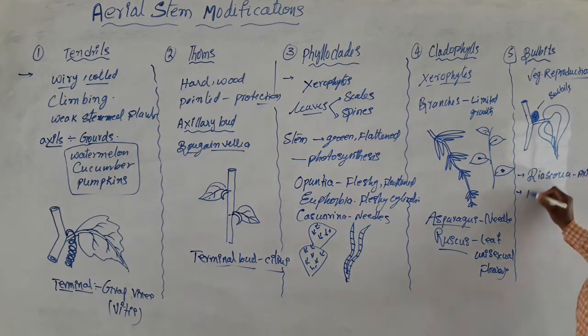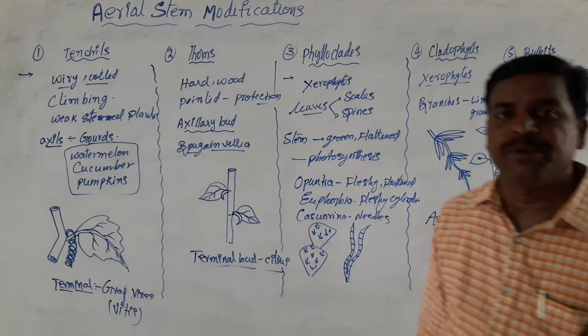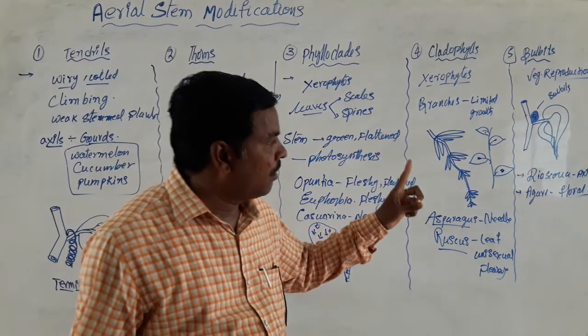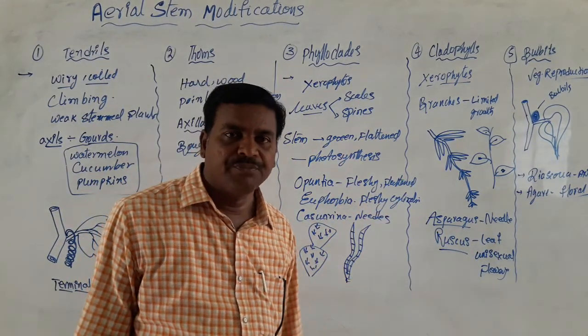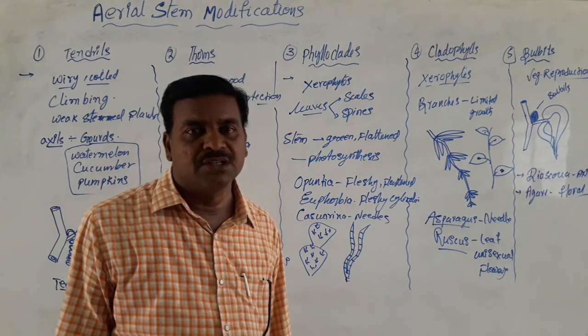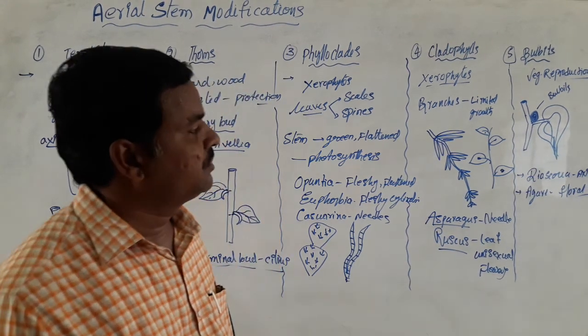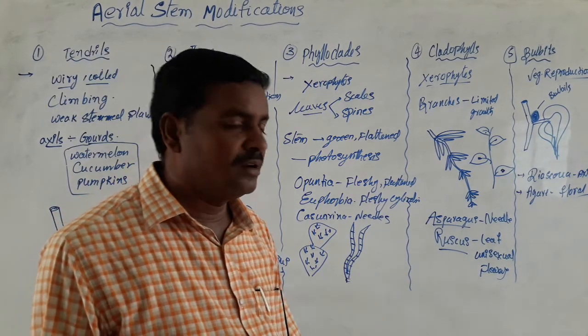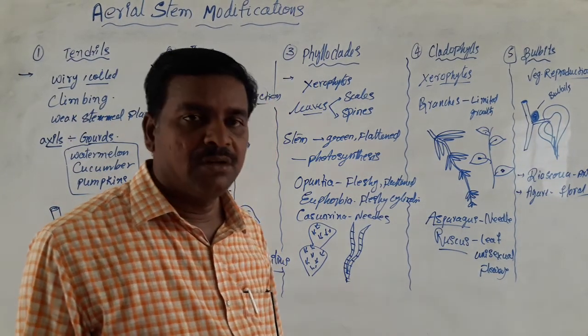Similarly, in the case of Agave, floral bulbils are there. Floral buds develop into bulbils in Agave americana. So, they maintain vegetative reproduction. In some members they are vegetative buds, for example Dioscorea, but in some members they are floral buds, for example Agave.